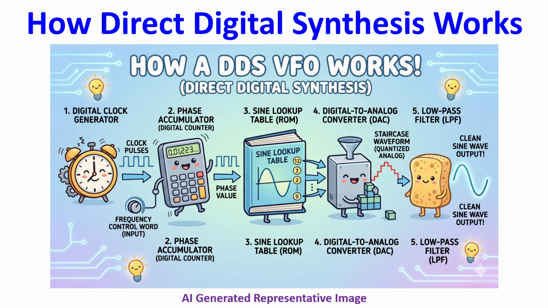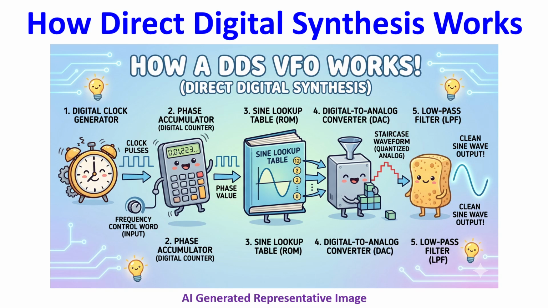Three, digital to analog converter. The digital amplitude values from the lookup table are fed into a high-speed digital to analog converter, converting those numbers into a stepped analog staircase voltage waveform.